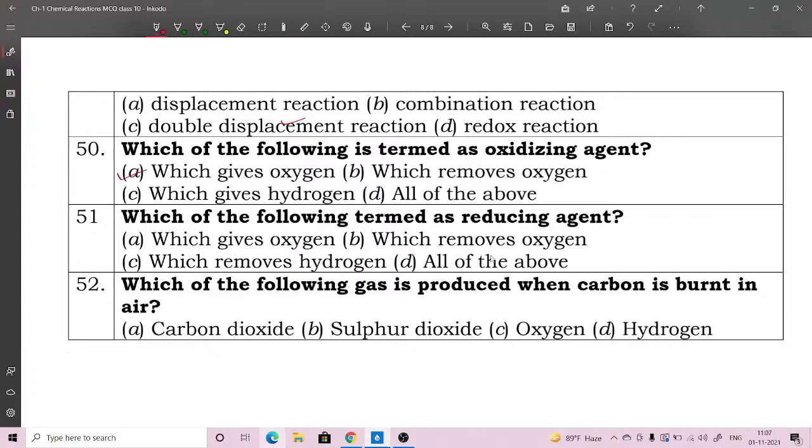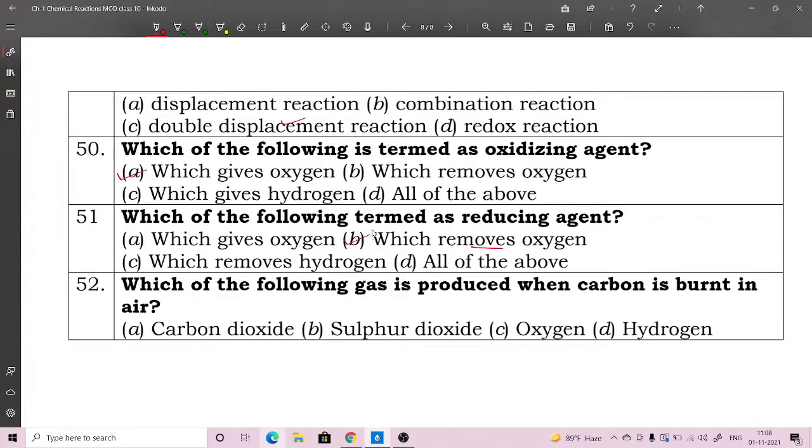Which gives oxygen, removes oxygen, removes hydrogen, all of the above. Reducing agent means which removes oxygen. So B is the correct option, which removes oxygen.